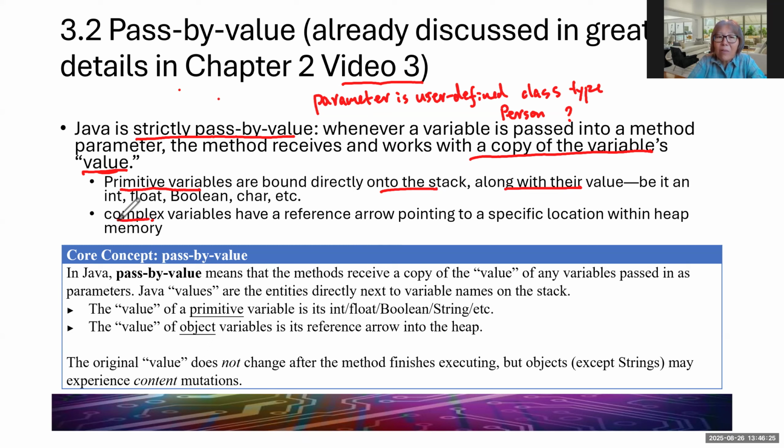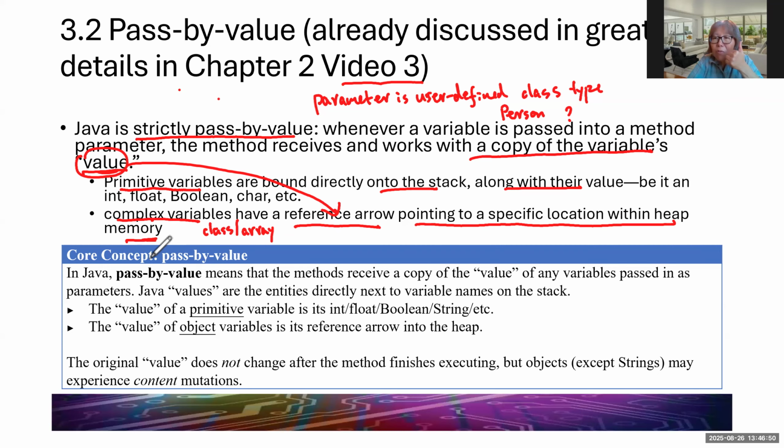But for complex variables, such as class type or array, what is the value here? It's a reference that points to some location on heap memory. So there is a difference. The idea here is that you cannot modify that pointer.